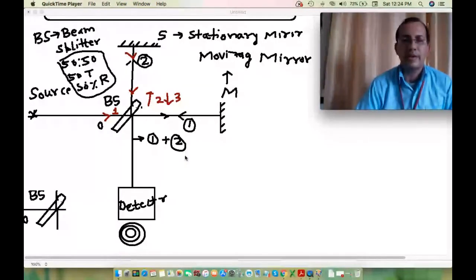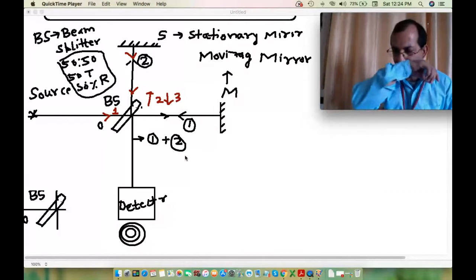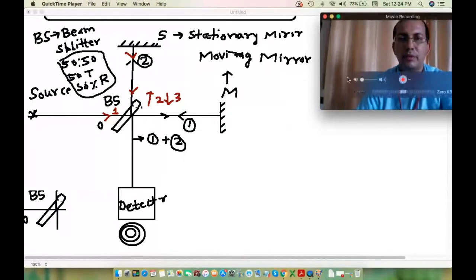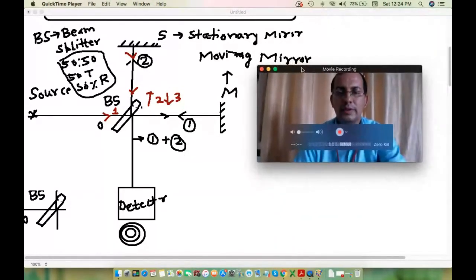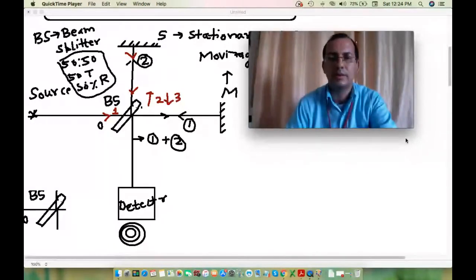I have mainly emphasized that you have a beam splitter, and this beam splitter will divide the incoming beam into two parts. So let's see how it works in this case.